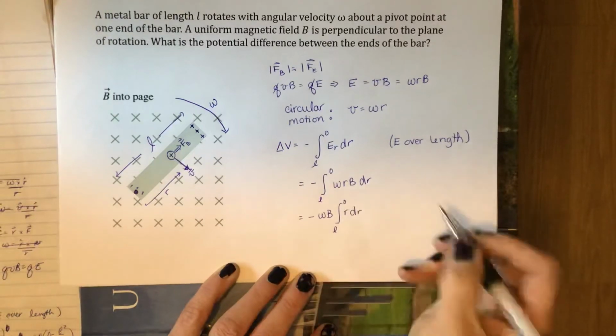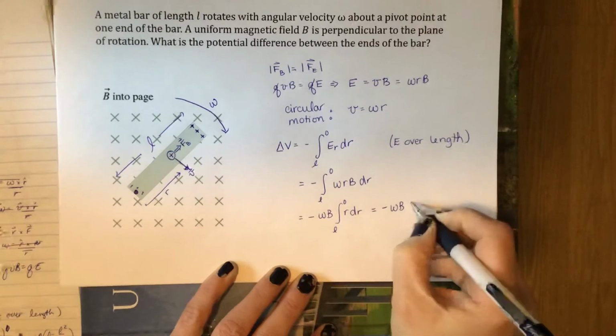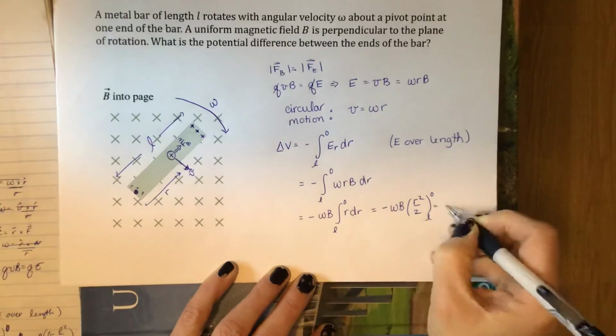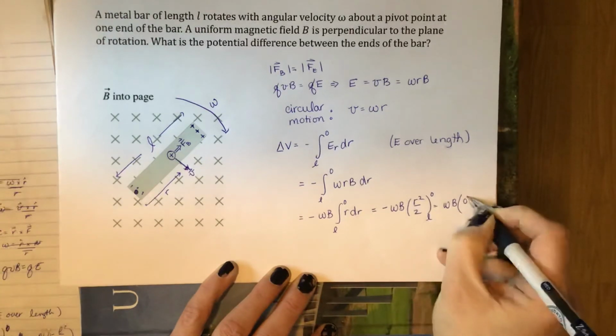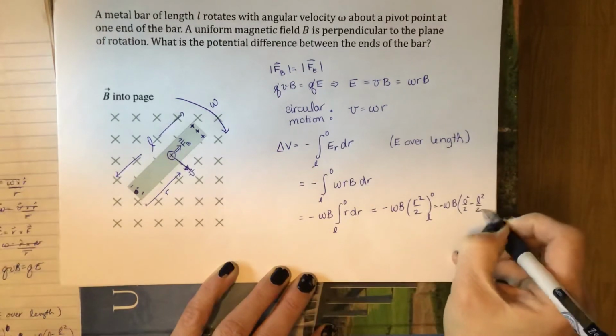The integral of r dr is r squared over 2. That's going to be evaluated at 0 and L. So we get omega B times 0 squared over 2 minus, oh, drop my minus sign, minus L squared over 2.